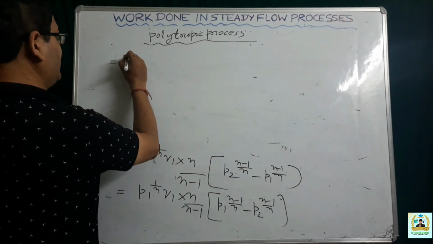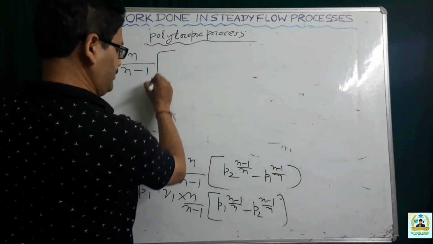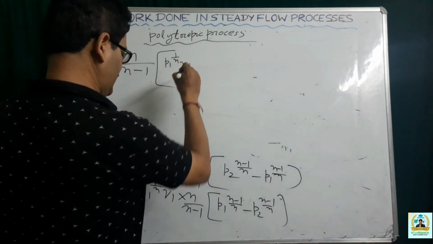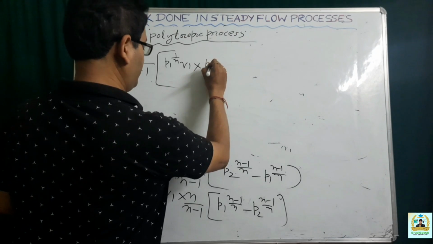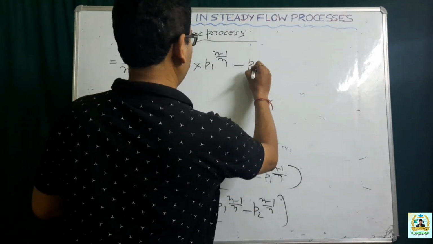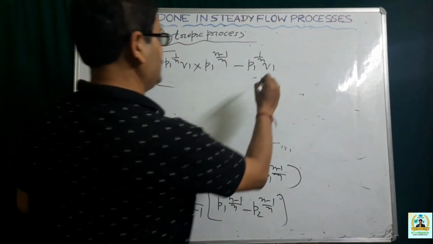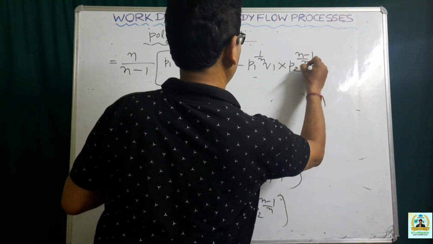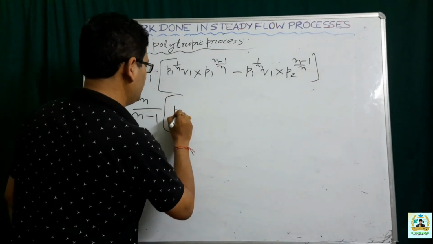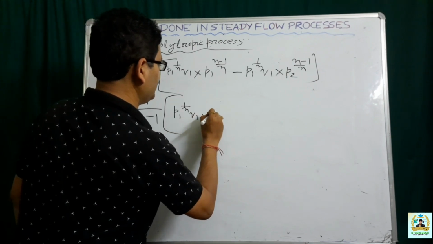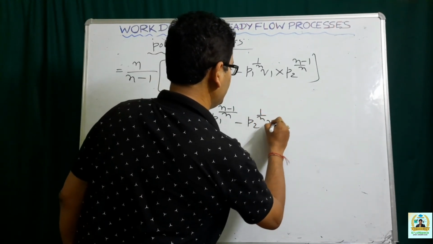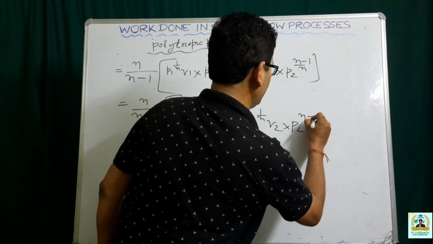So this is equal to n by n minus 1 into P1 to the power 1 by n V1 multiplied by P1 to the power n minus 1 by n minus P1 to the power 1 by n V1 into P2 to the power n minus 1 by n.